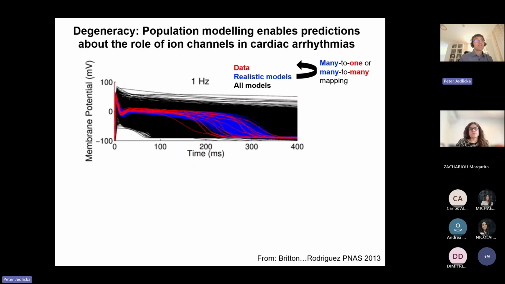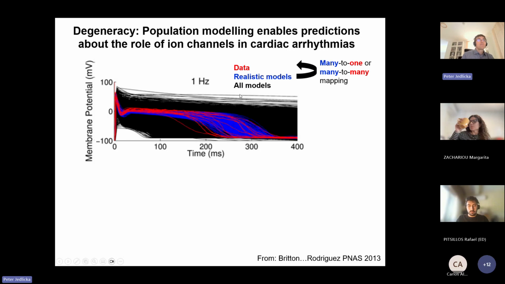Here is one example. This is degeneracy you can find everywhere. This is one example from heart cells. Here the action potentials look different, so they are much wider than neuronal action potentials. But you see in red the recordings, in blue the realistic models, and the black models are the invalid models. So the black models are all models, and some of them are realistic.